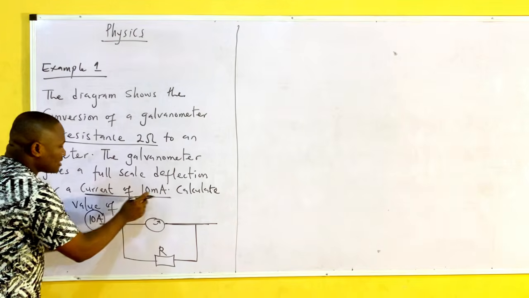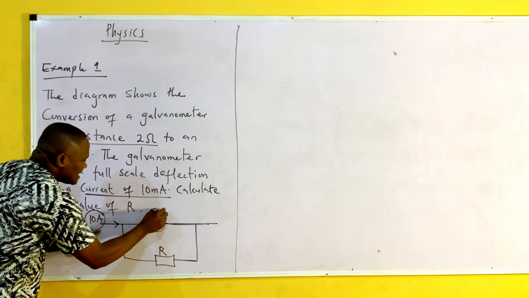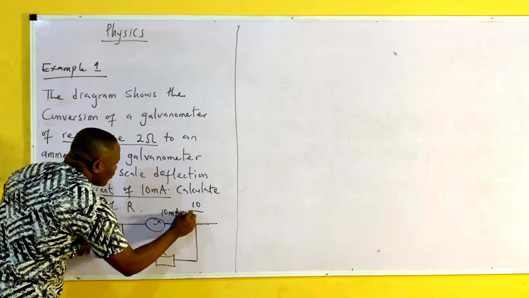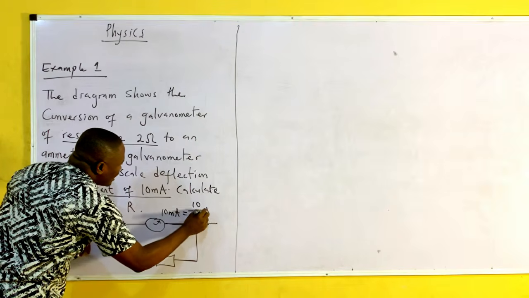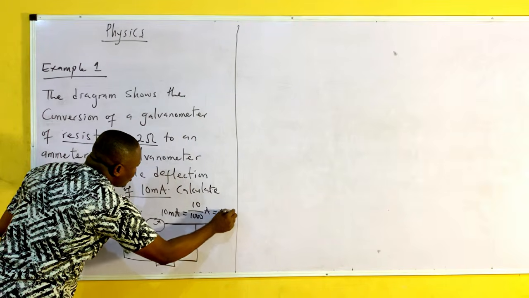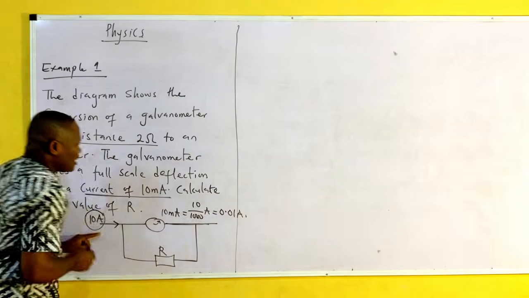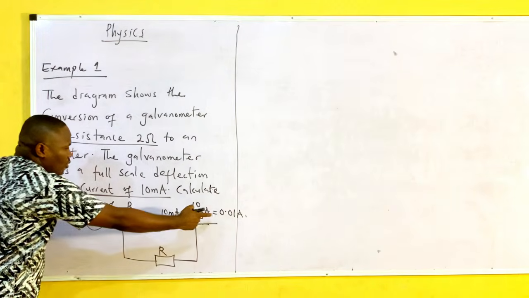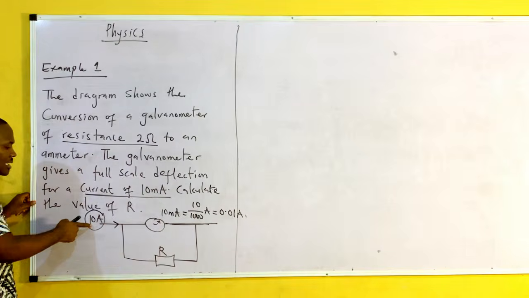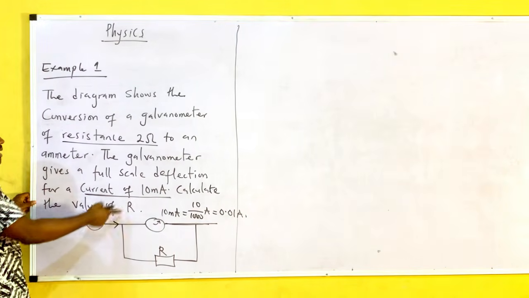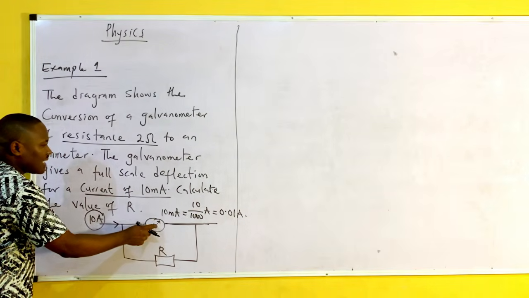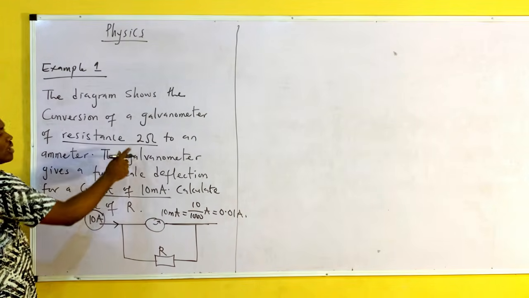Then the current that this can read is 10 milliampere, which equals 10 over 1000 ampere, which is 0.01 ampere. So take note, what this galvanometer can read is 0.01 ampere. The total that is coming is 10 ampere according to the diagram. And the resistance of this galvanometer is 2 ohms.